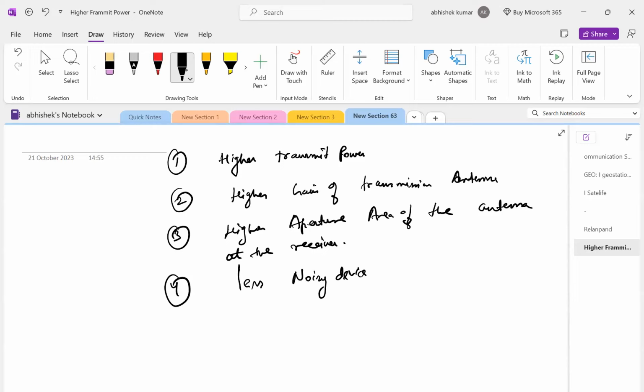These are the things that we look at in our satellite to improve our signal to noise ratio.